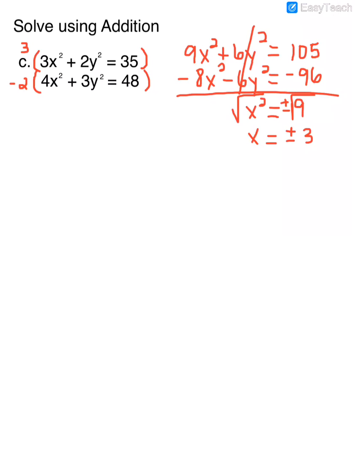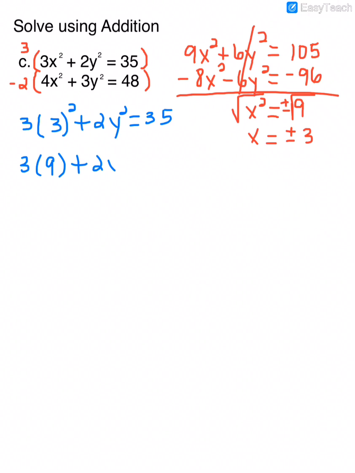Okay, so let's go with positive 3 first. If I plug in positive 3 for x and solve, I get 3 times 9, which is 27.